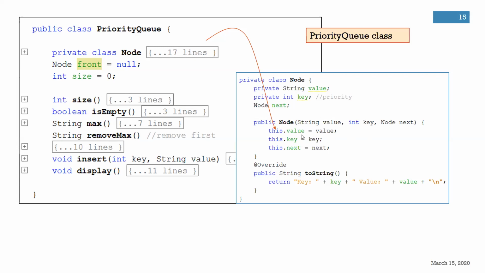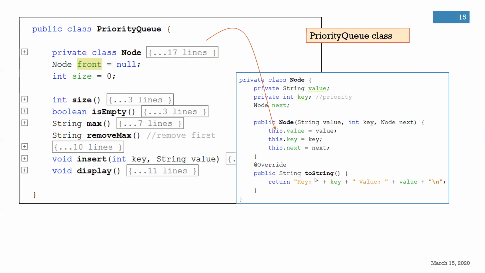Back to the structure of a node, which is different because we should take care of the arguments here. Given a value or element, it will store also next, but we need to store the key, that's the priority key.